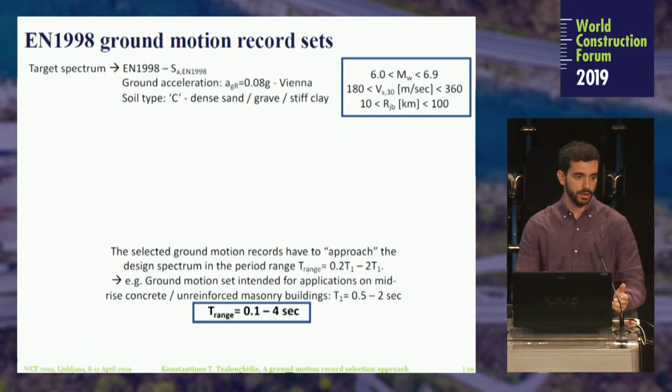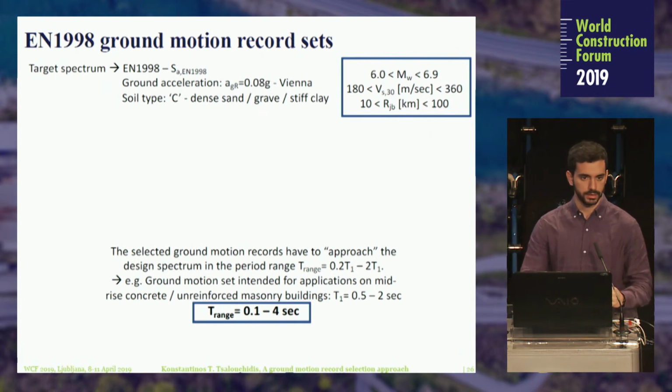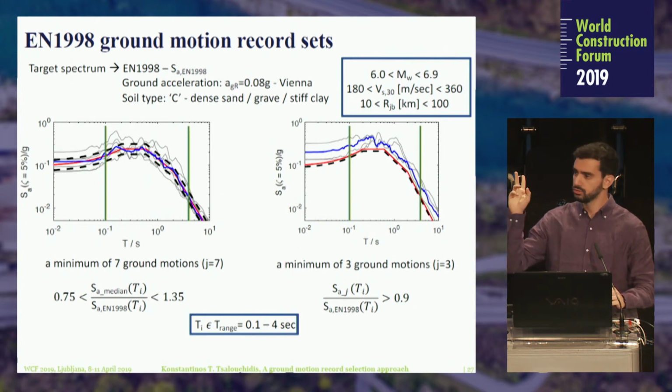And if we want a ground motion record set for an asset of buildings for a region around Vienna, for example mid-rise concrete or reinforced masonry buildings, the range of periods might be way too big. From 0.1 to 4 seconds, we can see spectra and our records matching these spectra.